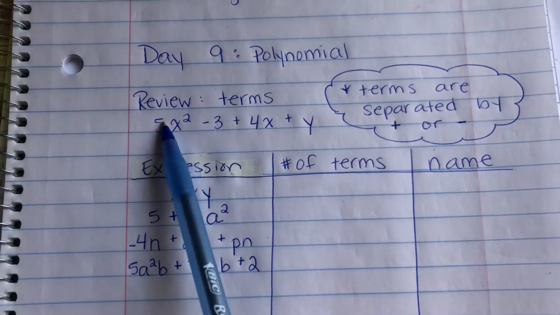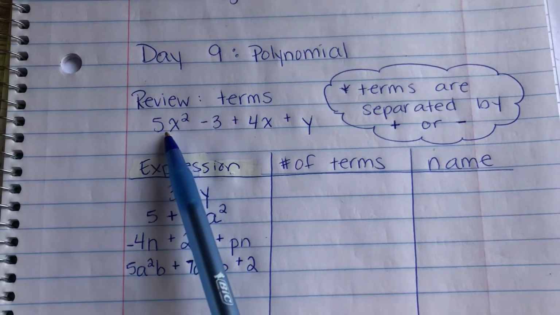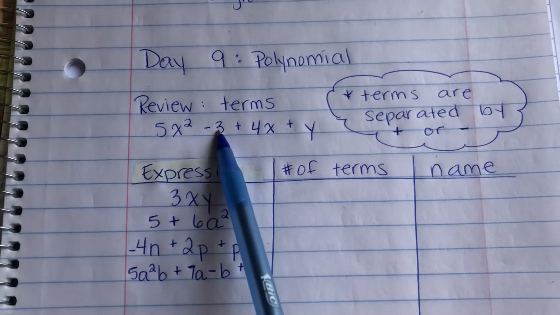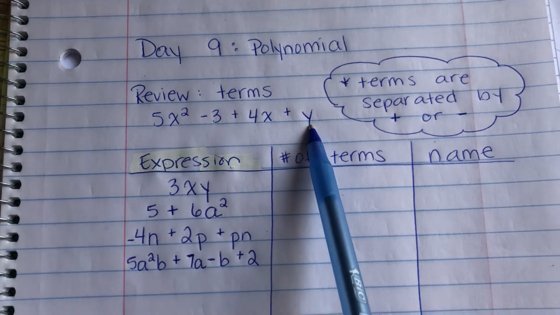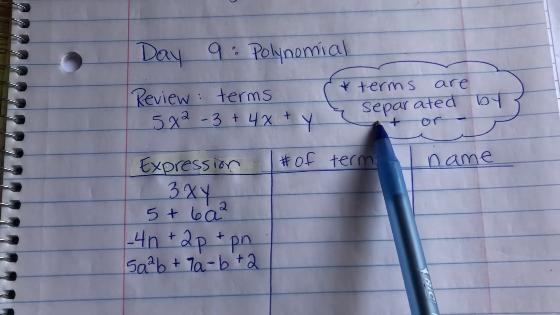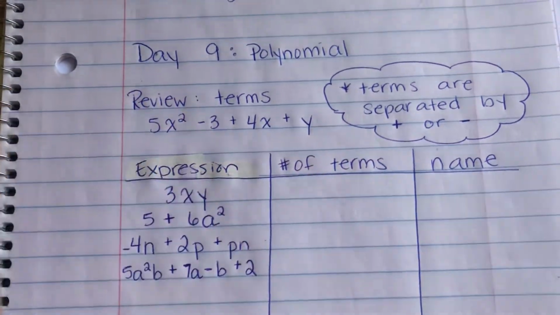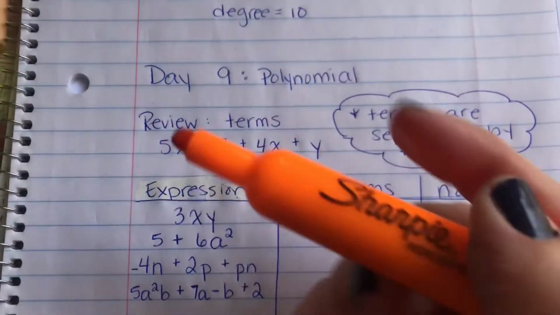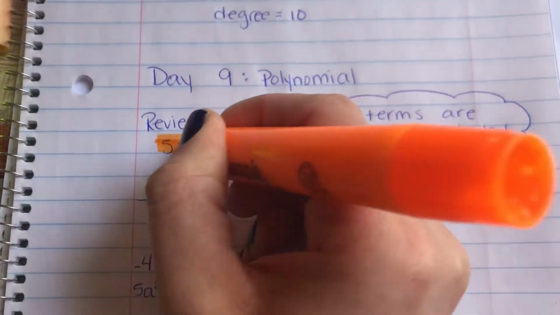So a little review. Terms can be a number and a variable together. It can be just a number by itself. It can be just a variable by itself. But basically terms are separated by a plus sign or a minus sign. So if we look at this example here, if you want to know how many terms there are, we can just highlight them.